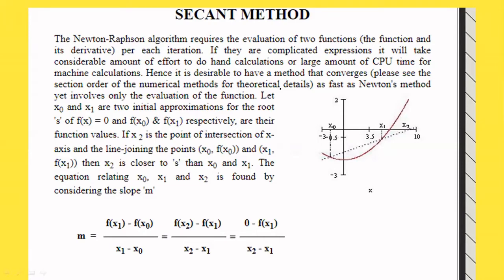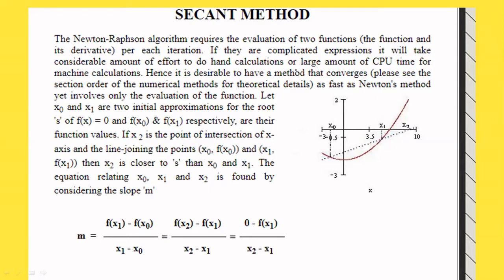In the Newton-Raphson algorithm, we require the function and its derivative f dash x. Sometimes, if the function is complicated, finding the derivative and its values needs a lot of calculations. Moreover, the Newton-Raphson method converges very fast, whereas I already explained that the bisection method converges very slowly.